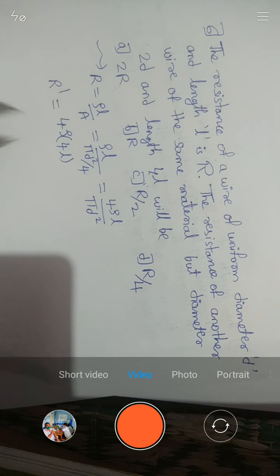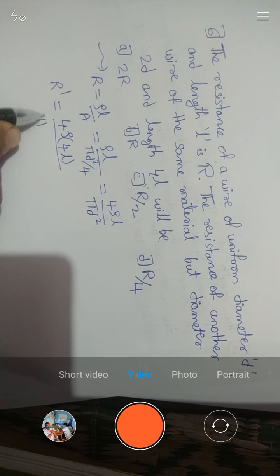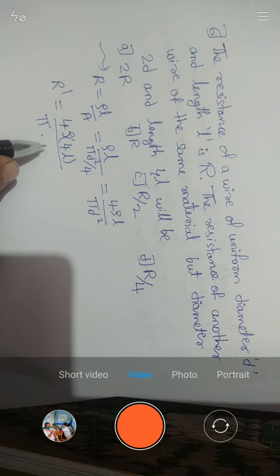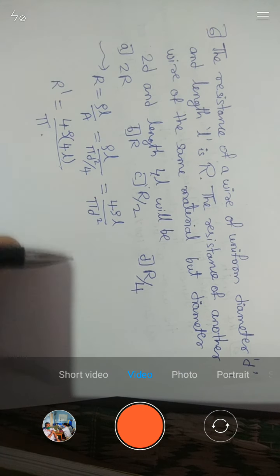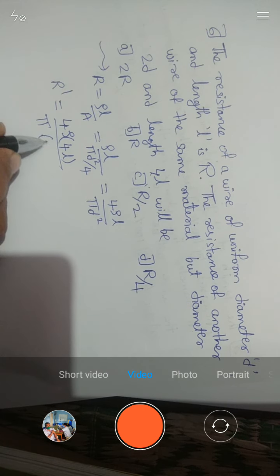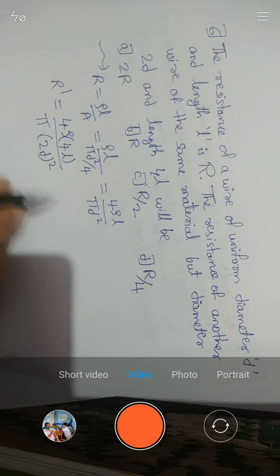The length of that other wire is 4L, so instead of L I will write 4L, as mentioned in the problem, length is 4L for the second wire, divided by pi. Then the diameter is 2D, so for the second wire the diameter is 2D square.